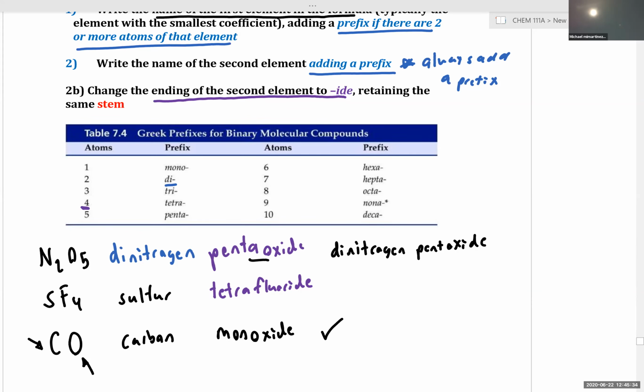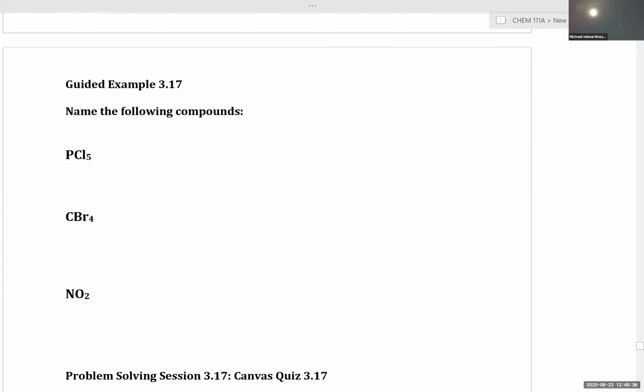Perfect. So now that we've covered the rules, let's do a few guided examples. So PCl5, we're going to name our first element, which is phosphorus. We have 5 chlorines, so we use the prefix of penta, and then we change chlorine to chloride. For CBr4, we write the name of our first element, which is carbon.